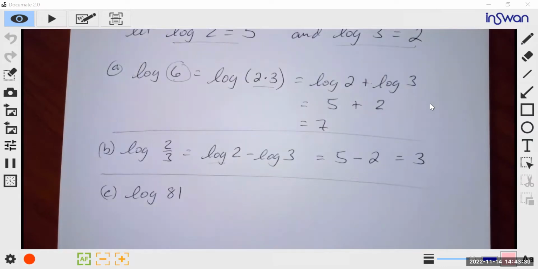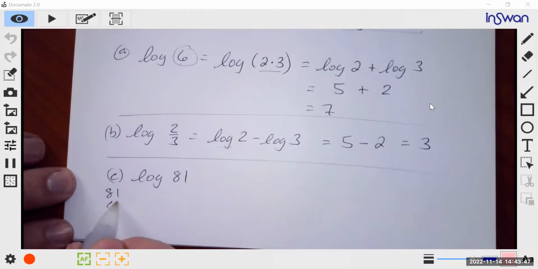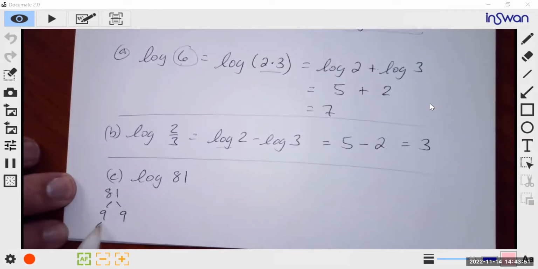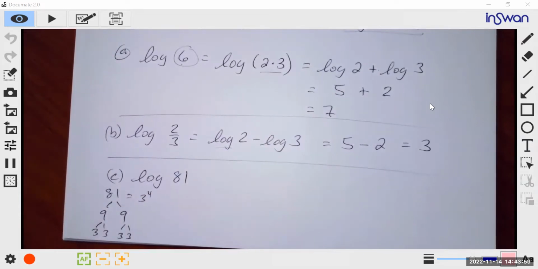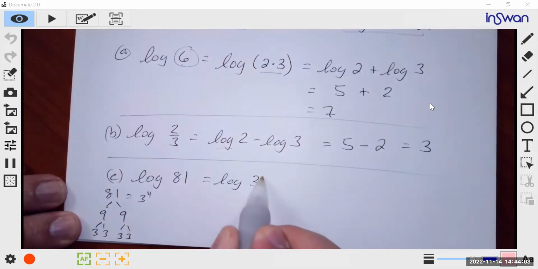Log of 81. What is 81 made up of? 9 times 9? What's 9 made up of? So 81 is the same thing as 3 to the 4th, right? So I can write this as log of 3 to the 4th.